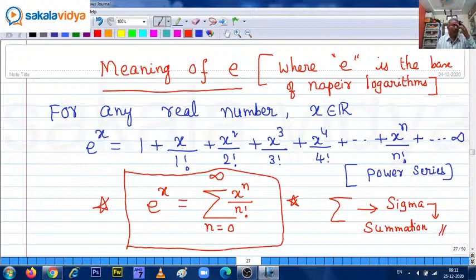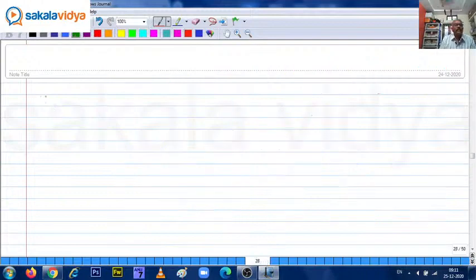So now you do one thing. See, let's talk about some additional information regarding this exponential function.